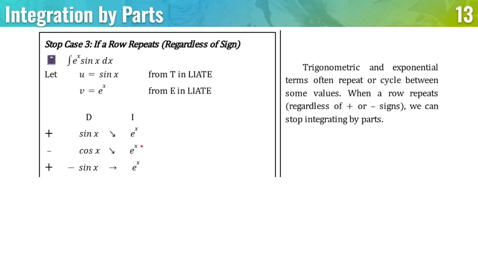It's never going to change since it's a special property that e raised to x integrated or differentiated is just itself. So as you can see, we have sine x and sine x here. And then you have e raised to x and e raised to x here. So regardless of the sign, this has repeated, so we stop integrating here.